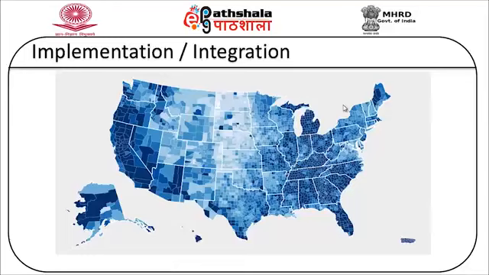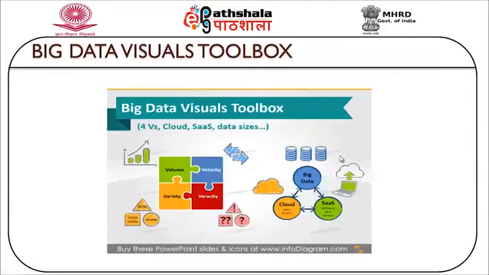This is also another one, a geographical information system, wherein state-wise it represents certain data sets using color coding patterns. If you look at the big data visual toolbox, we can see that volume, velocity, variety and veracity are available.